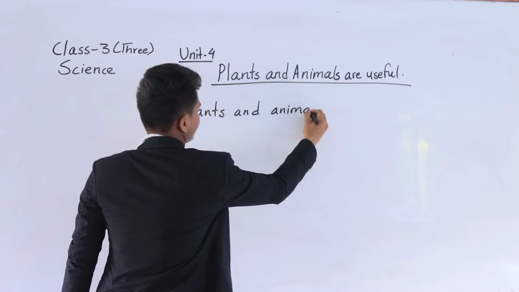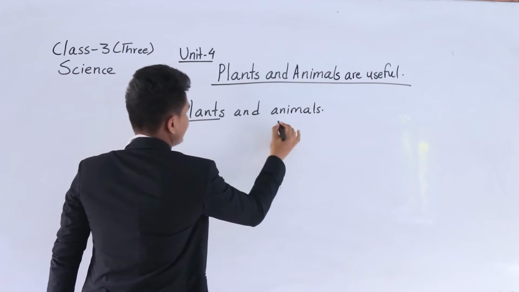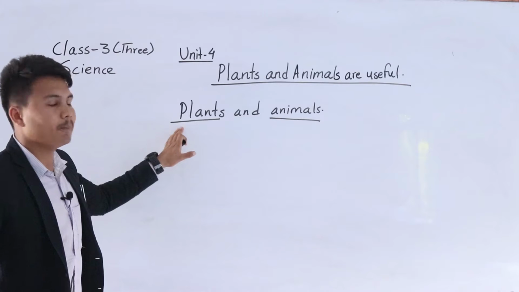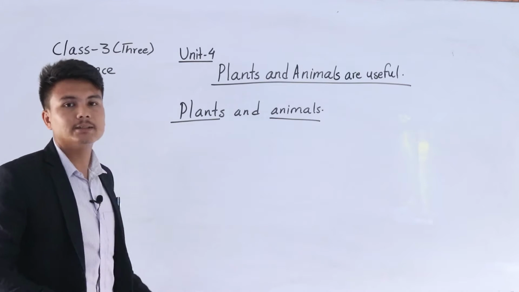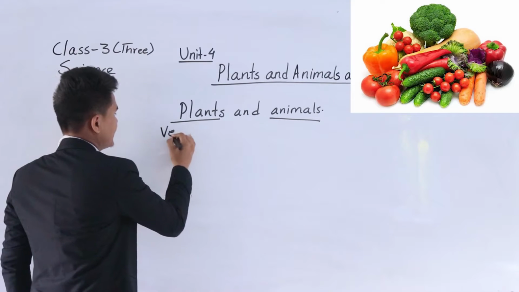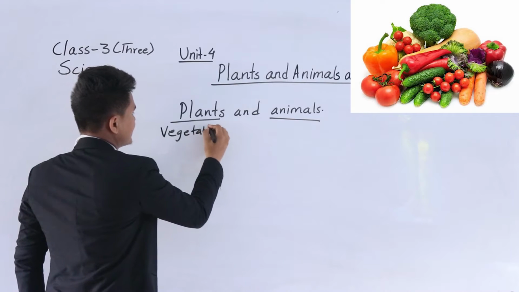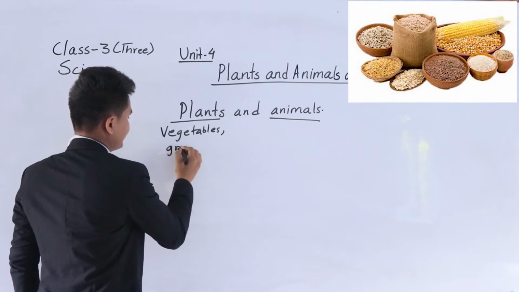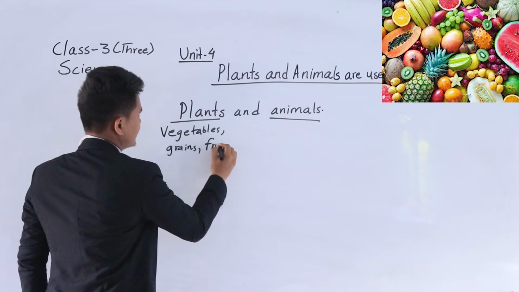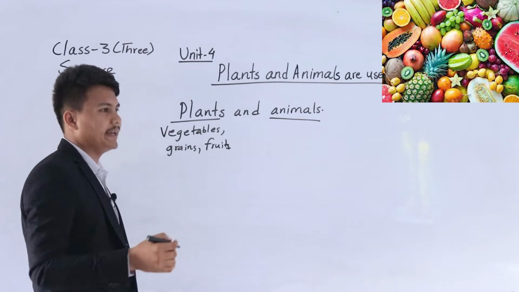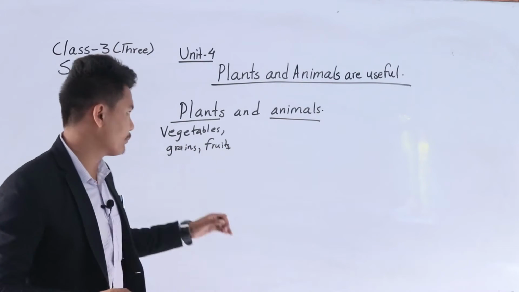Our daily food mostly comes from plants. We eat vegetables, grains, fruits, rice, maize, barley, etc. All are plant products.